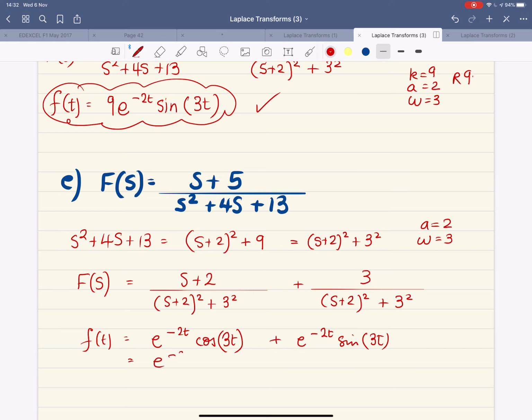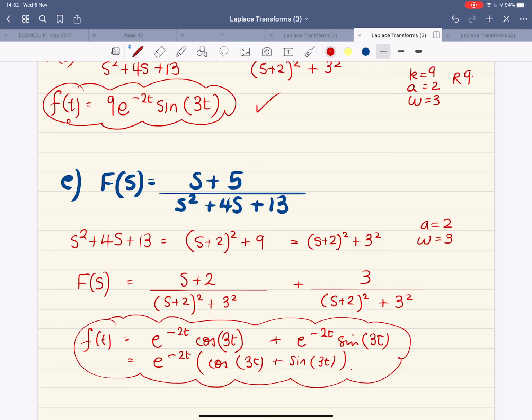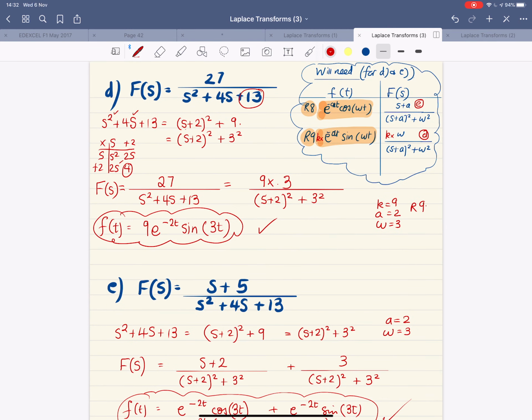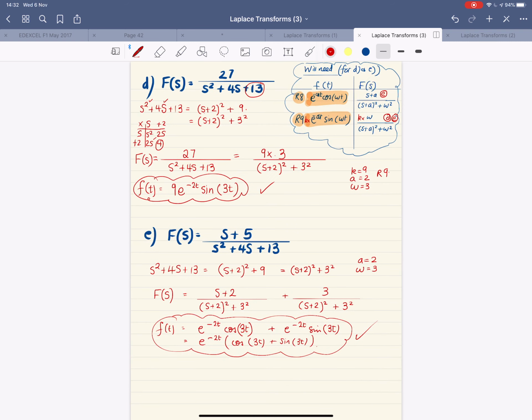You could always factorise this: cos 3t plus sine 3t. And that's your answer. Again, I've checked that one, so that's right. So E uses both of these rules, and D just uses the bottom one.